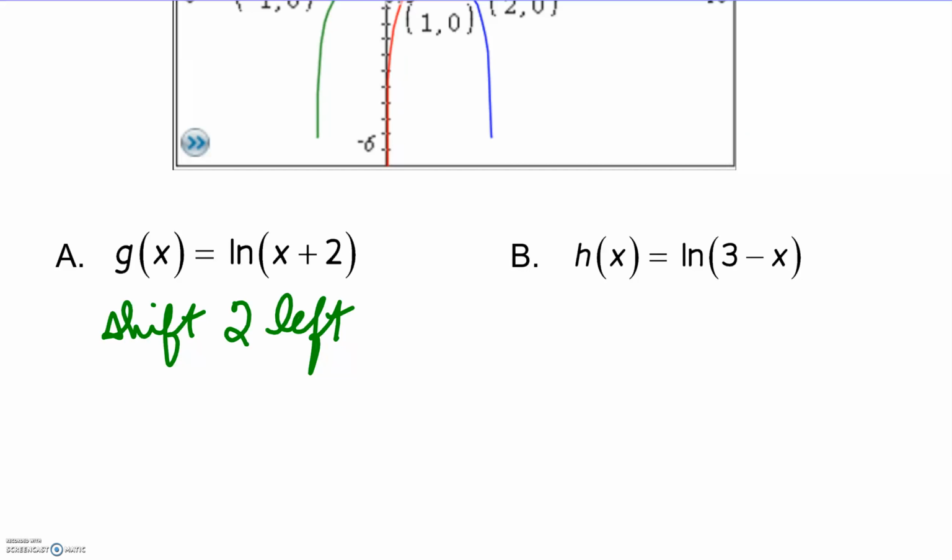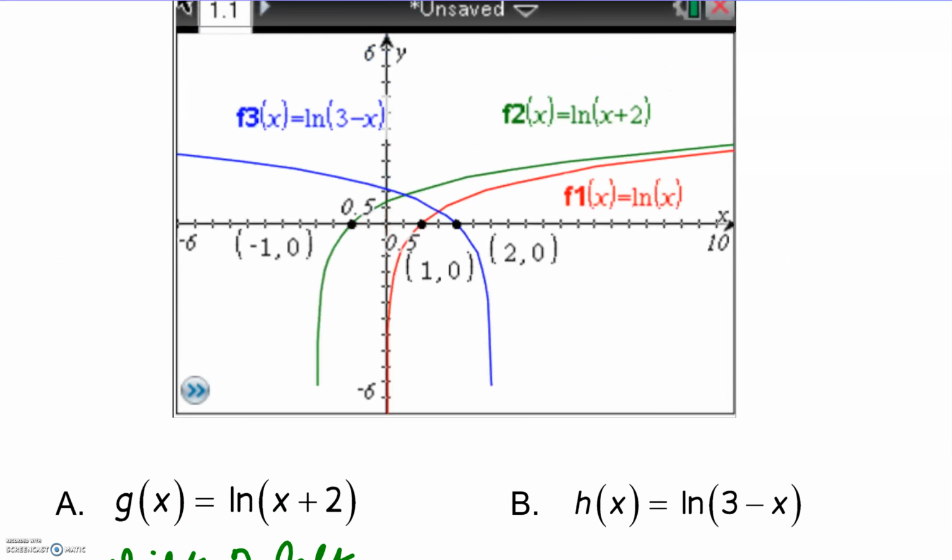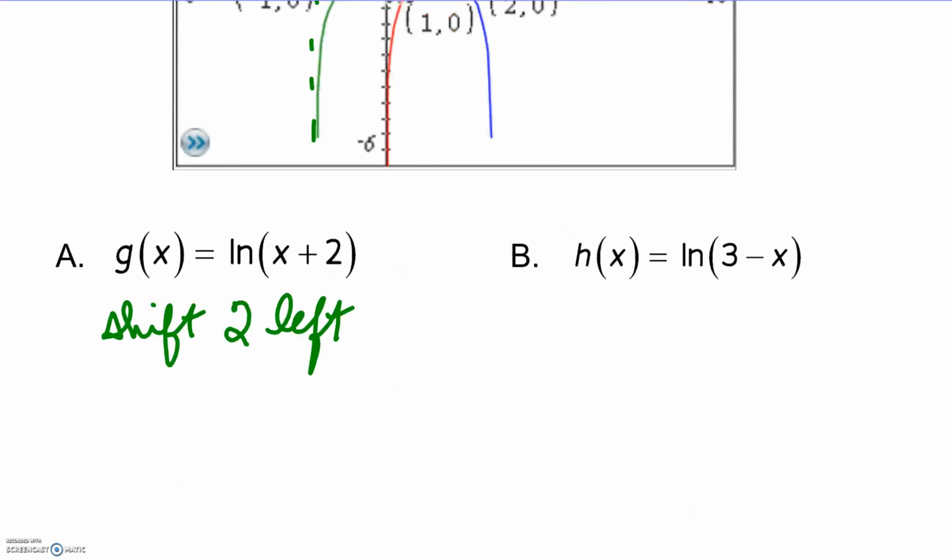In this graph up here, the green natural log of x plus 2 takes the red graph, which was the basic natural log graph, and shifts it 2 to the left. So now instead of this point being at 1, 0, it's going to be at negative 1, 0. Instead of the asymptote being on the y-axis, it's now at x equals negative 2. So everything just shifted 2 to the left.